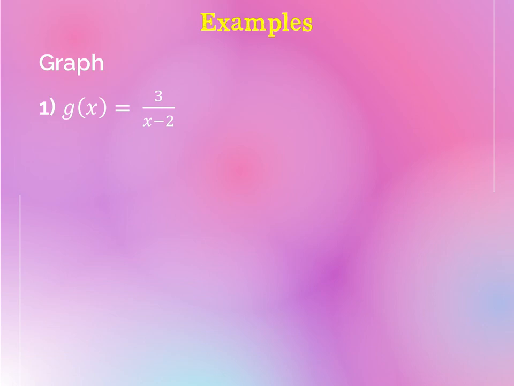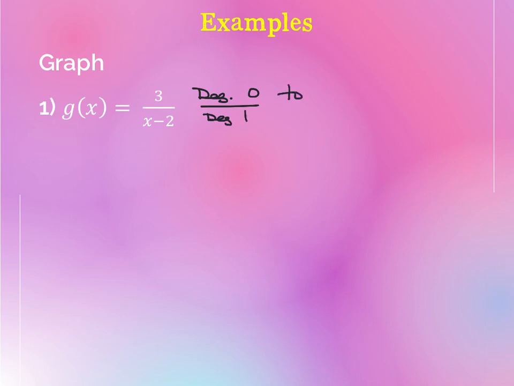So I'm going to do just like I did in the 4-1 homework. I'm going to look for my horizontal asymptote first. Remember, we have to look at the degrees. The degree of my numerator is 0. It's a constant. The degree of my denominator is a degree of 1.